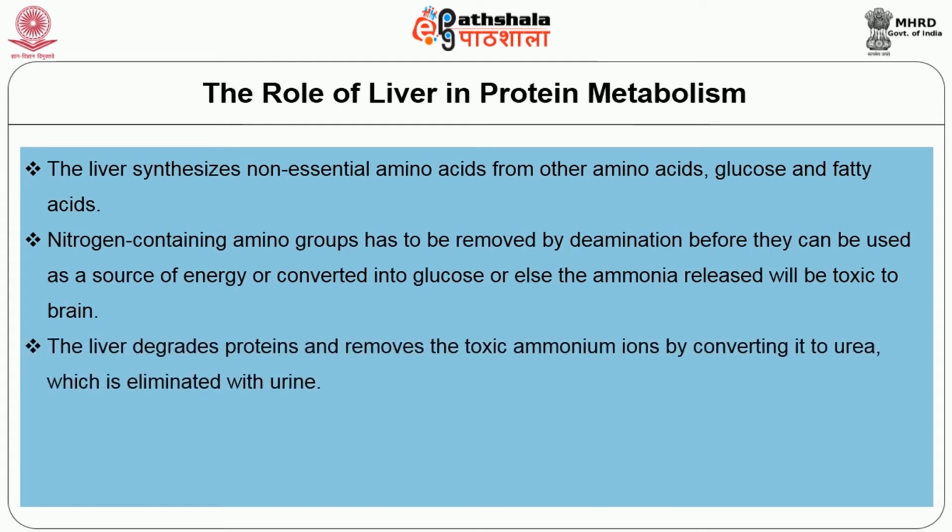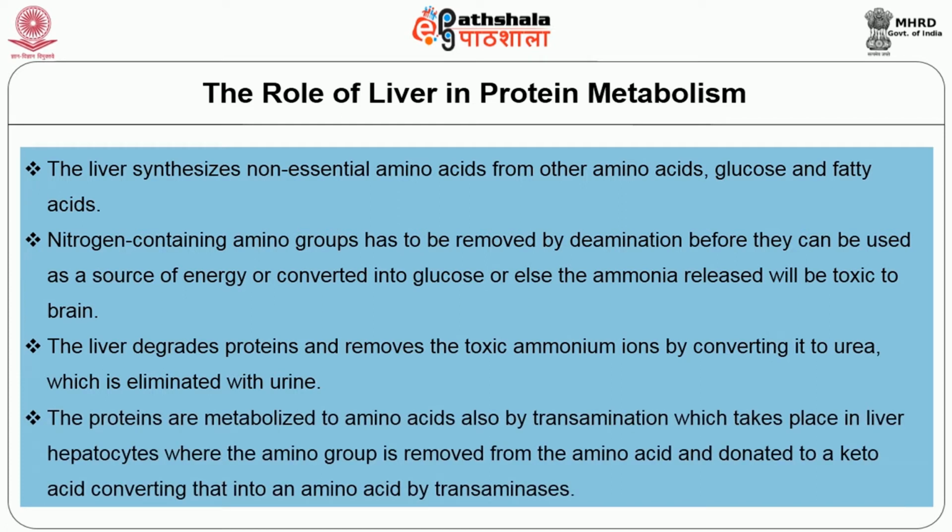The liver degrades the proteins and removes the toxic ammonium ions by converting them to urea, which is eliminated with urine. The proteins are metabolized to amino acids also by transamination, which takes place in liver hepatocytes, where the amino group is removed from the amino acid and donated to a keto acid, converting that into an amino acid by transaminase enzyme.